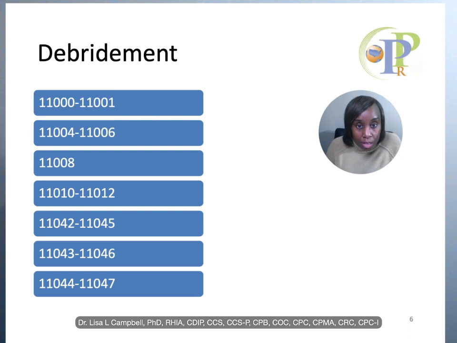And then within that code family, highlighting or underlining what's the differences between those three codes. So for example, 11010, that's skin and subcutaneous tissue. 11011, that's skin, subcutaneous tissue, muscle, and fascia. So I really think that that bubbling highlighting process is very beneficial.